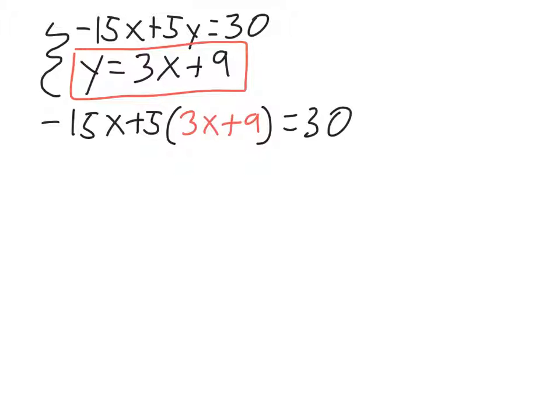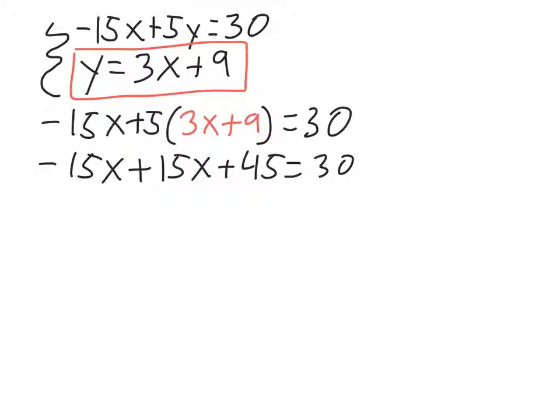Then we use the distributive property, negative 15x plus 15x plus 45 equals 30. Then combine like terms, negative 15x plus 15x, they cancel again.